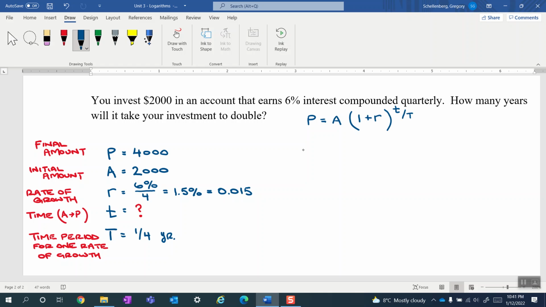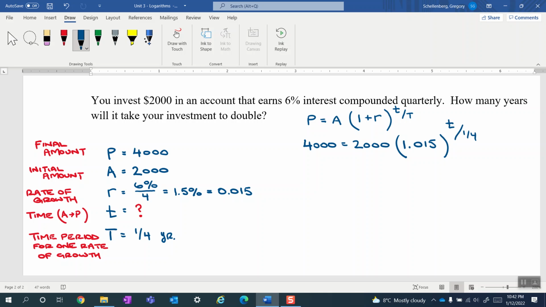We're going to plug in 4,000 for P, 2,000 for A. We've got 1 plus R, which is 0.015, so we're going to get 1.015 inside the brackets. Little t is our unknown, and big T is 1 quarter.